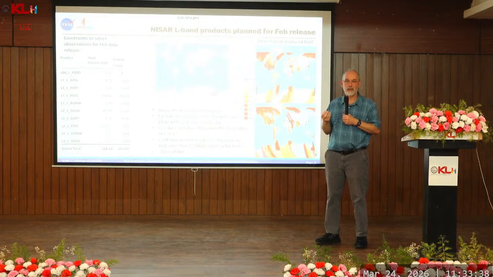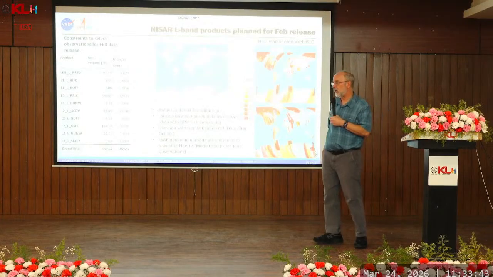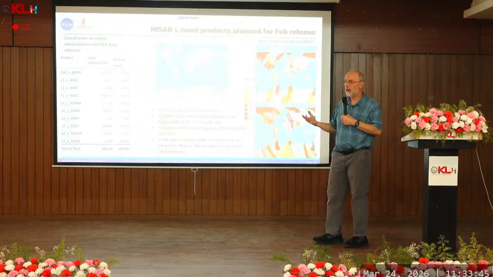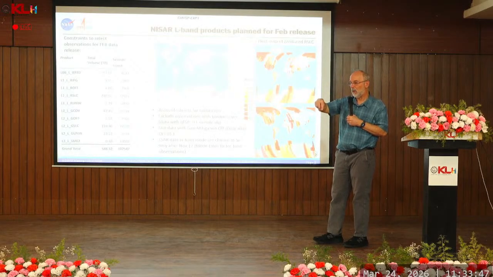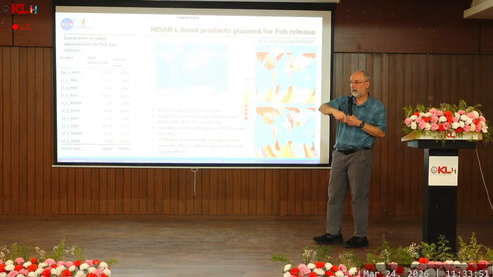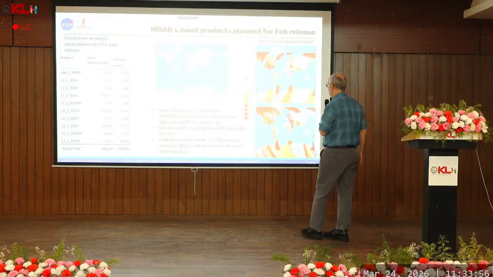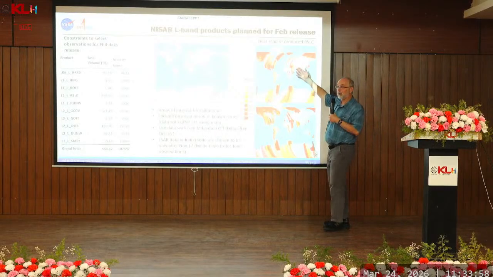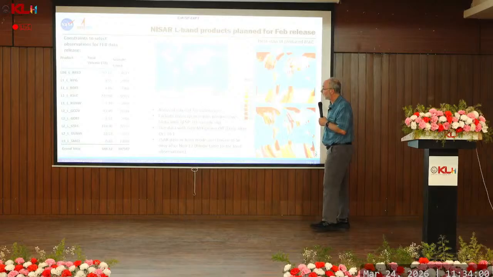Because we have to produce so much data in a forward sense, the design is if you want data in one particular location, you will get all the data along the track that is associated with that particular location. So that's a benefit to the users. There's much more data for everyone to look at.